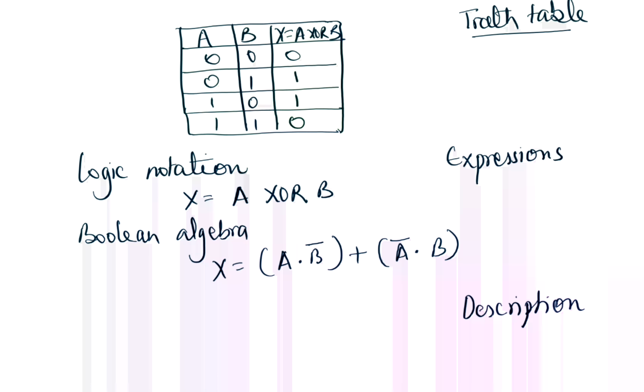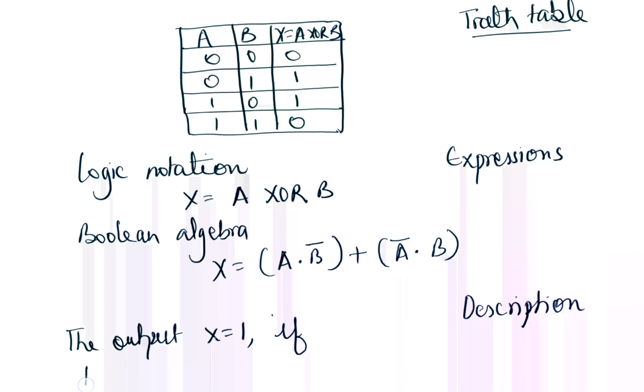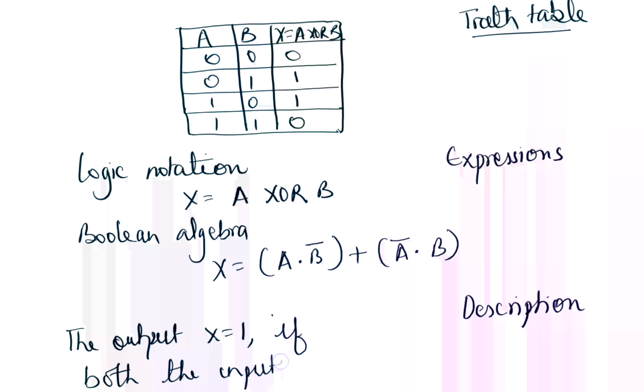As I did mention before, the output X is equal to 1 if both the inputs A, B are different.